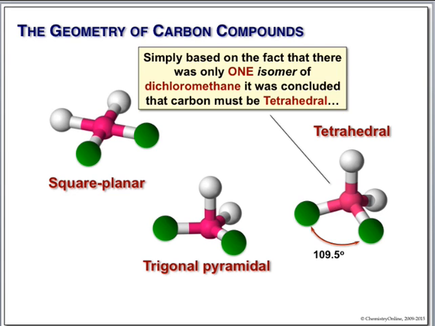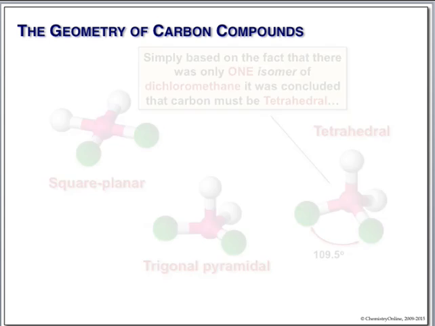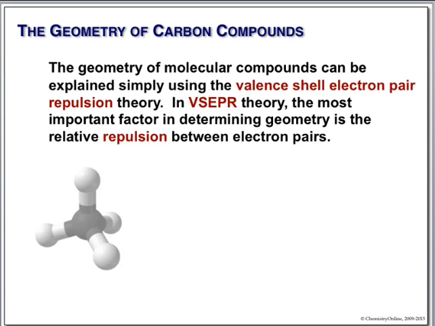Very simple logical argument, and the conclusion, and they were right, carbon is in fact tetrahedral, and all of these are equivalent bonds. Now, you can predict that this is methane, 1 carbon.